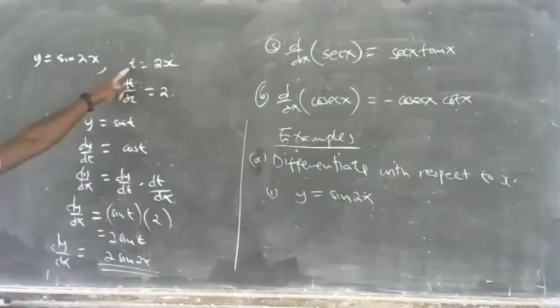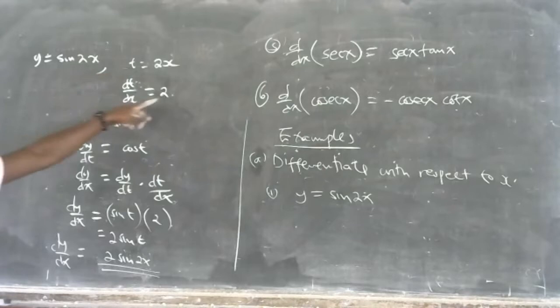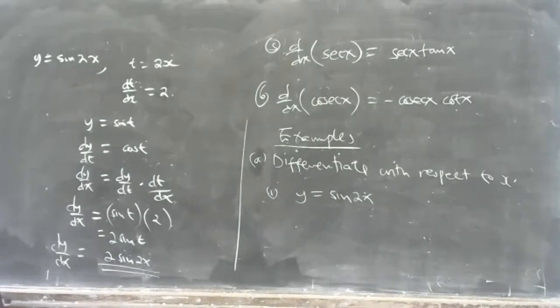Now chain rule: I let this angle vary, you can use any unknown you want. You can use t. Instead of writing 2x, I write t. Let t be this angle, and your angle is 2x. Now differentiate t, you get 2. Then you come back here, your y becomes sin of t. Now differentiate to get dy/dt. In differentiating sine, you get cos.